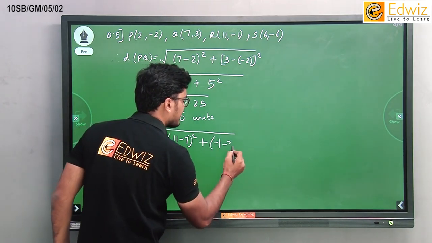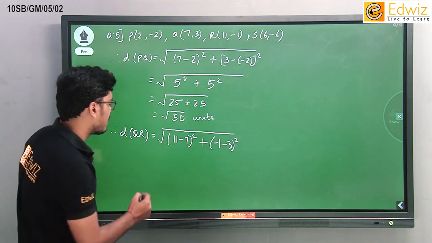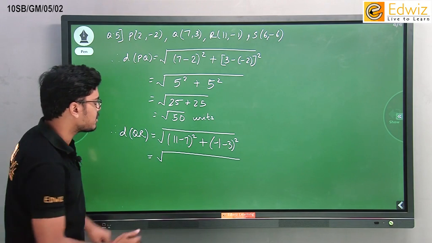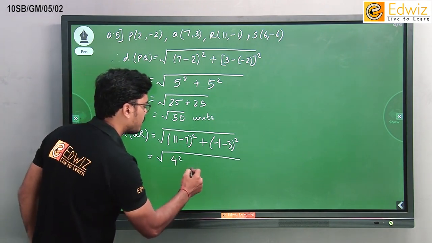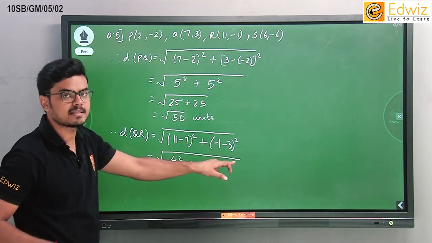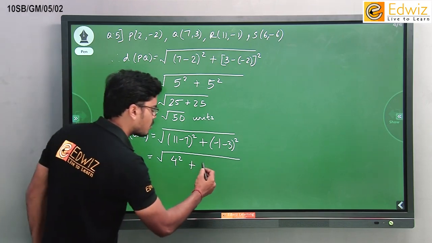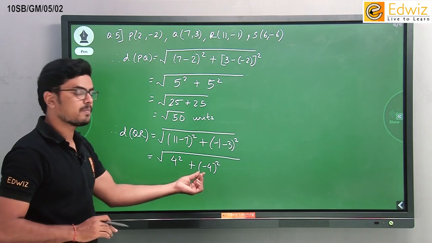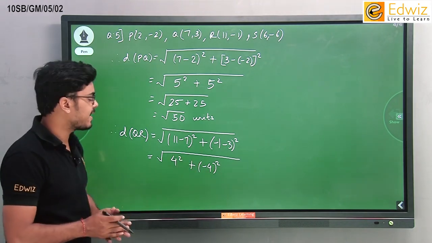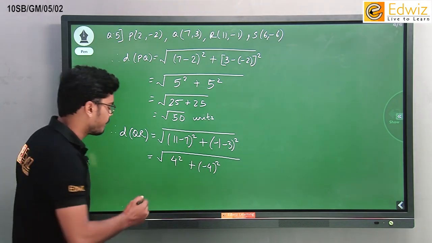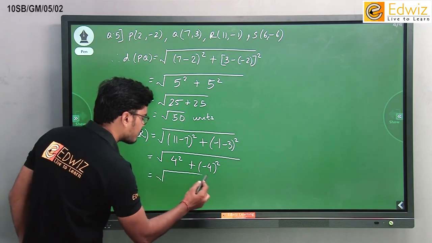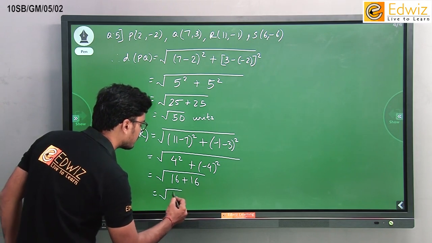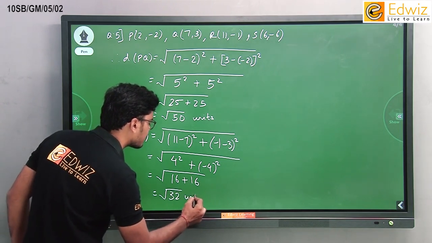Upon solving, we'll get the square root of 4 square plus, once again, minus 1 minus 3 becomes minus 4, so minus 4 square. But it doesn't matter, if we square a negative number the answer will be positive. This is 16 plus 16, the square root of 32 units.